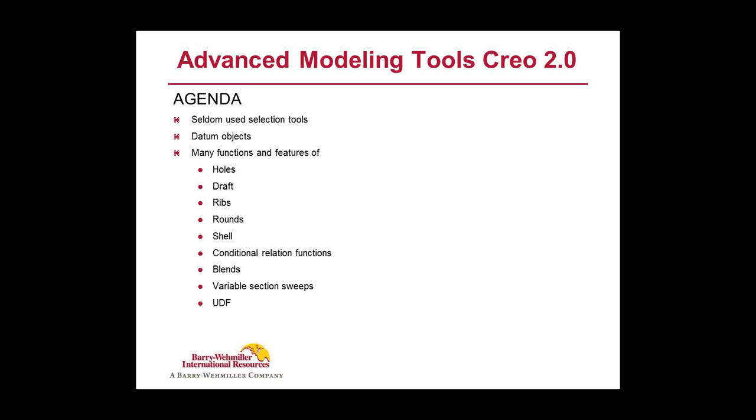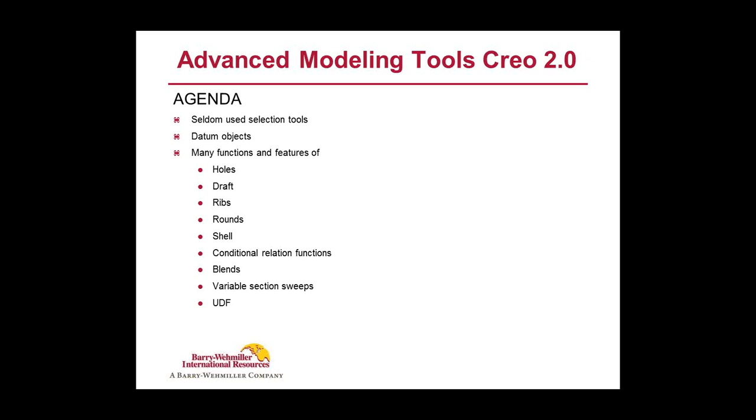You will see some differences in functionality and process, but even in Wildfire 5, most of these tools are available. There are a few that are not available in Wildfire 4 for those of our Wildfire 4 users. If I can remember that as I'm going along, I'll point that out. A lot of work to be done, and I'll try to get through all of this.